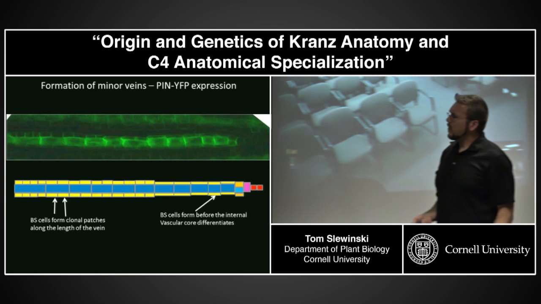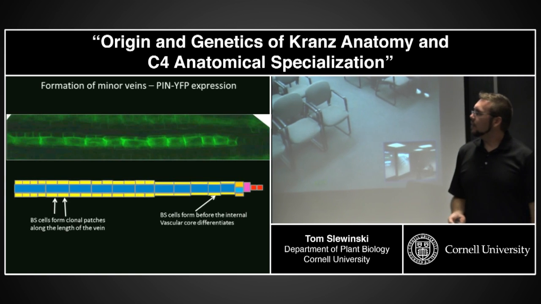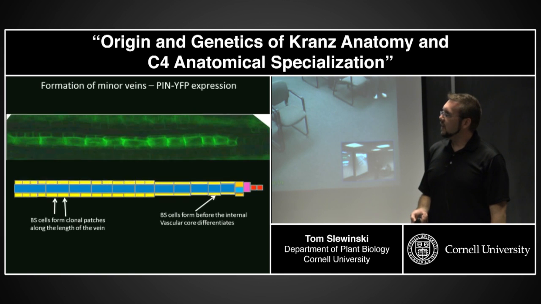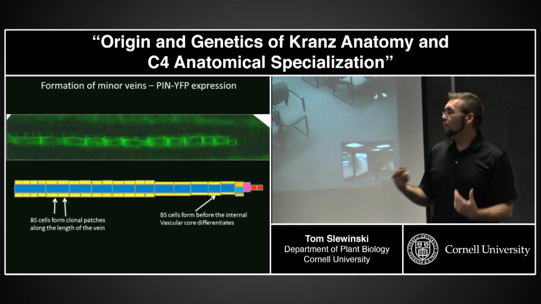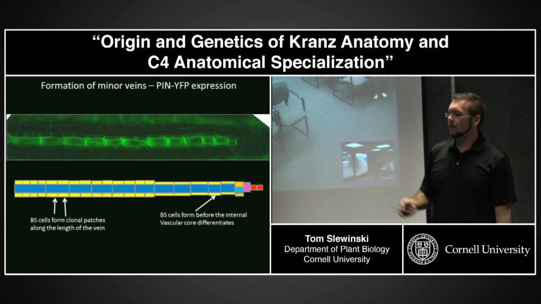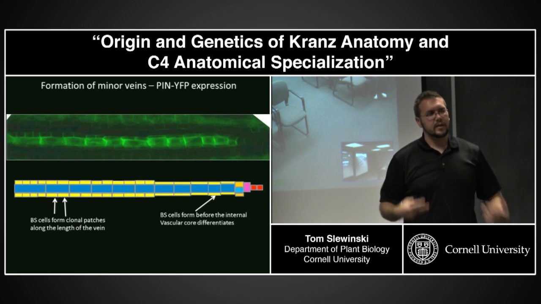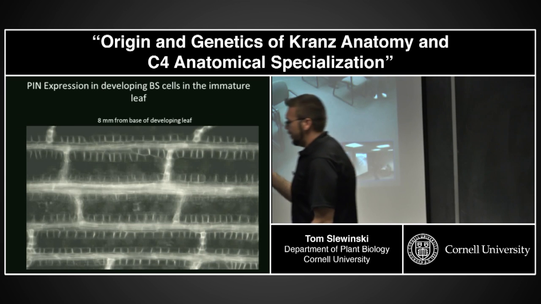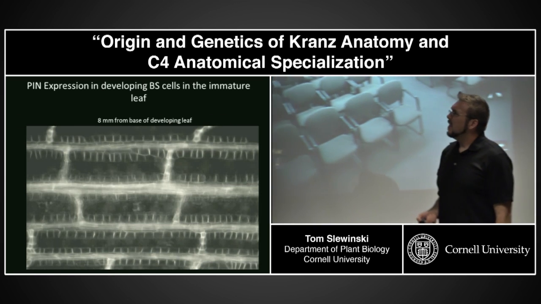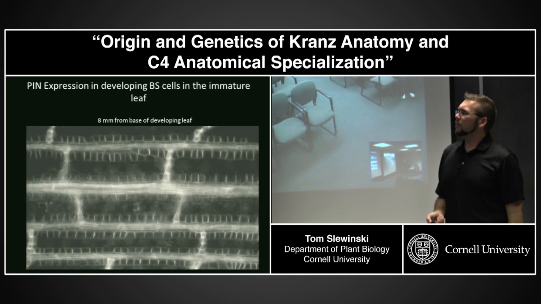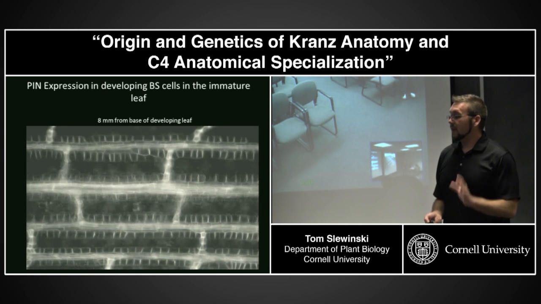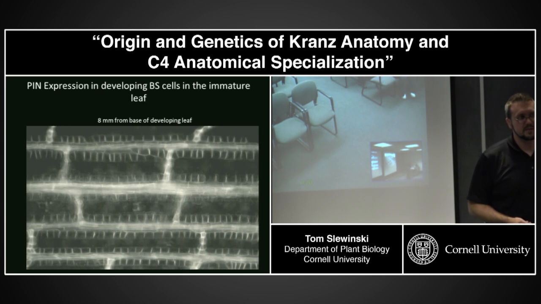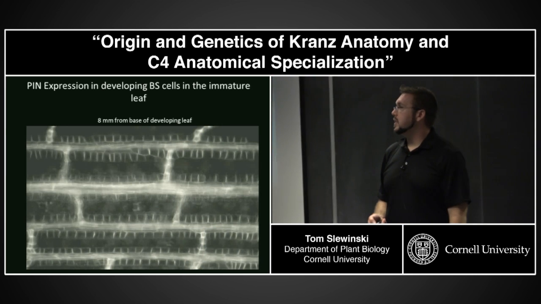So, okay, we see the minor veins are formed later than the major veins, and the bundle sheath come off really early. And this is all before the transverse veins connect the parallel veins together. So the next major thing is that when I started this, it was not reported in any C3 plants that there's PIN expression in bundle sheath in the leaf blades.